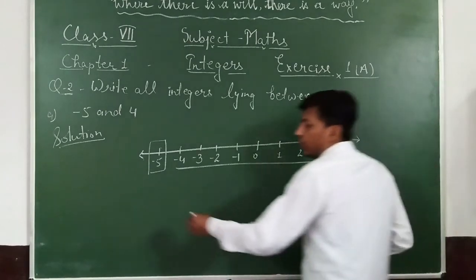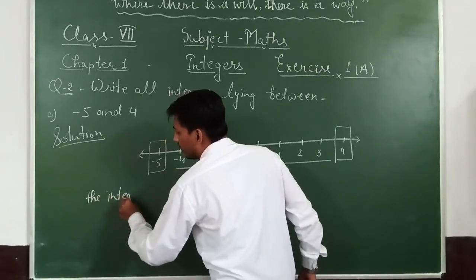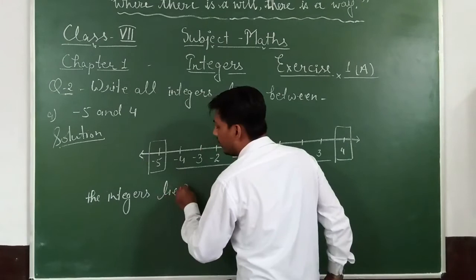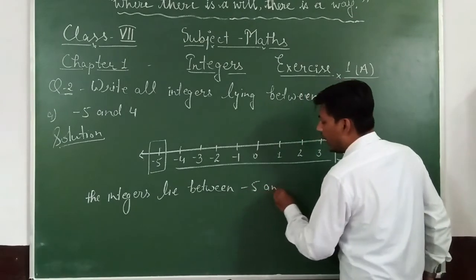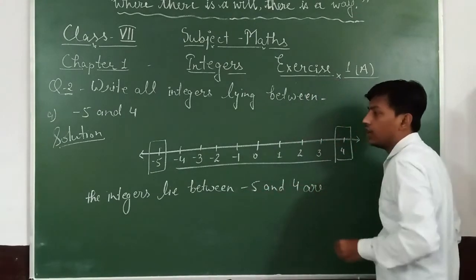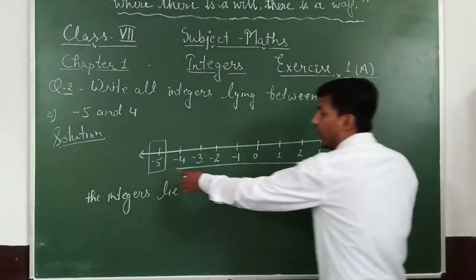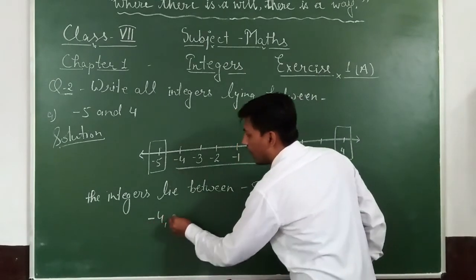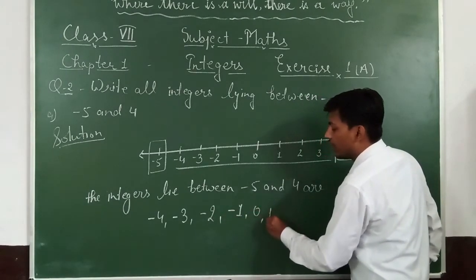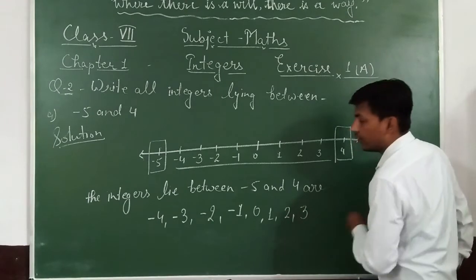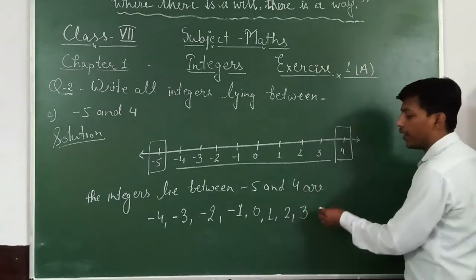Here the integers which lie between -5 and 4 are, leave -5 and 4 and start writing all the remaining integers. -4, -3, -2, -1, 0, +1, +2 and +3. So these are the integers which are lying between -5 and 4.